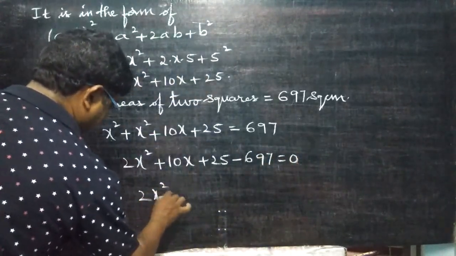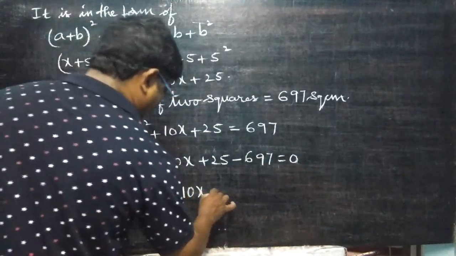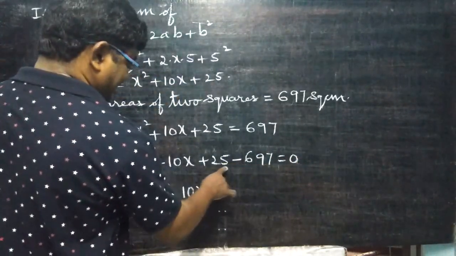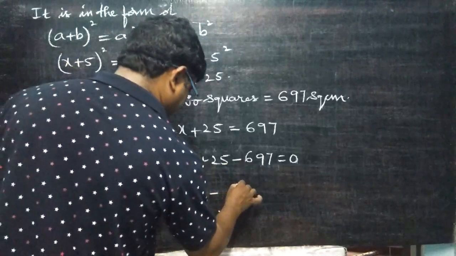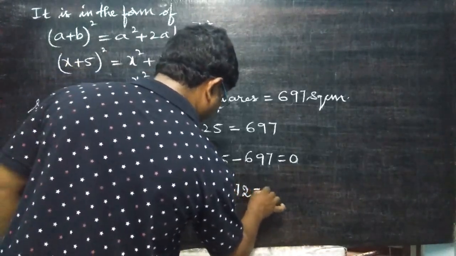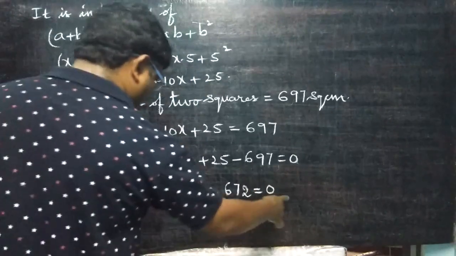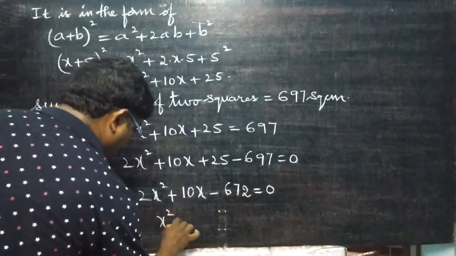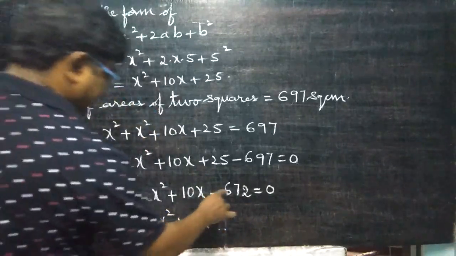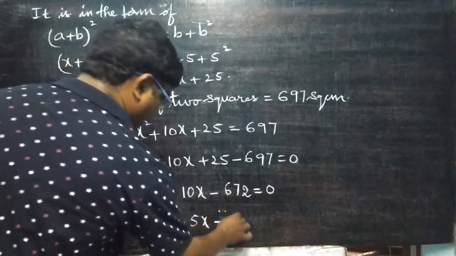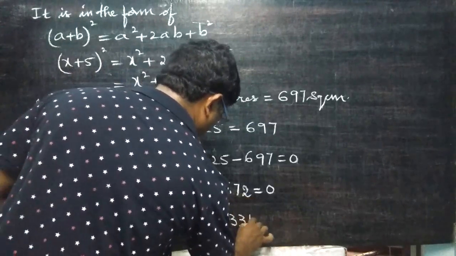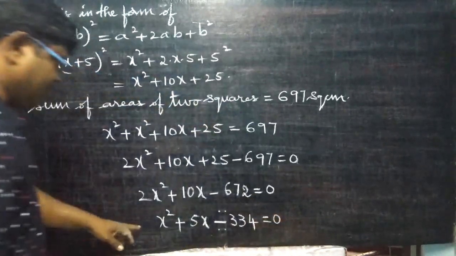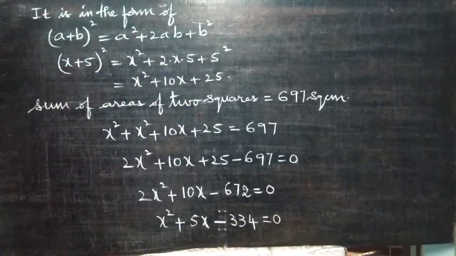Now 2x square plus 10x, then 25 minus 697 gives minus 672, is equal to 0. 2 is common on the whole. 2 goes 1 time, 2 goes 5 times, and here 2 table: 2 3s are 6, 2 3s are 6, 2 4s are 12, so 336, equal to 0.